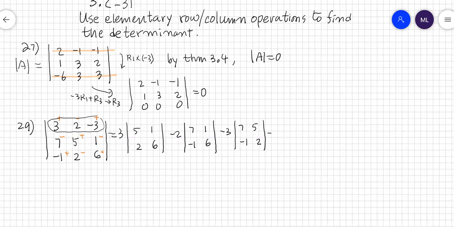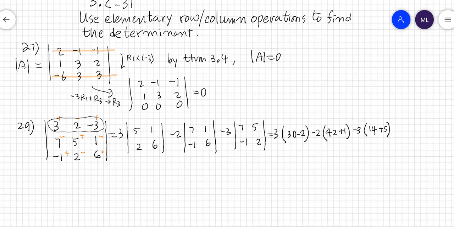So if you do that, it's going to be 3 times 30 minus 2, negative 2 times 42 plus 1, and then subtract 3 times 14 plus 5.